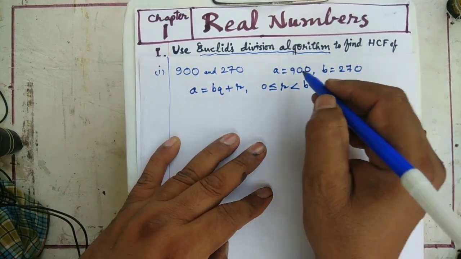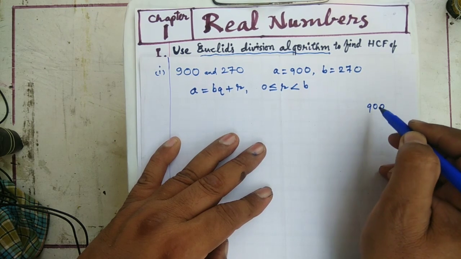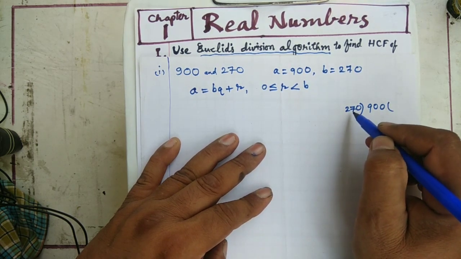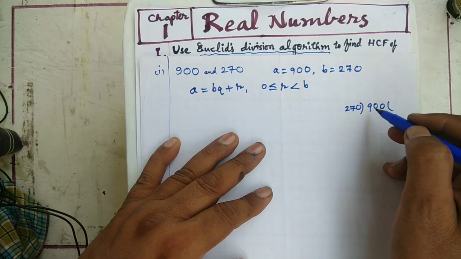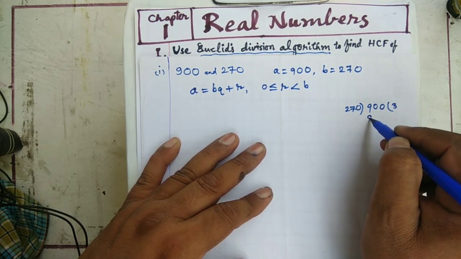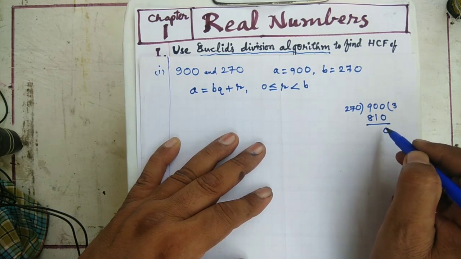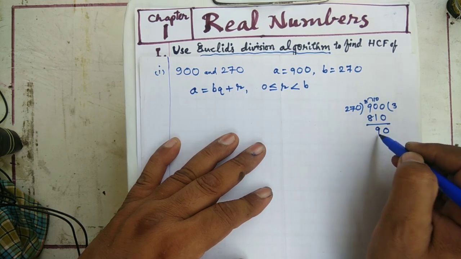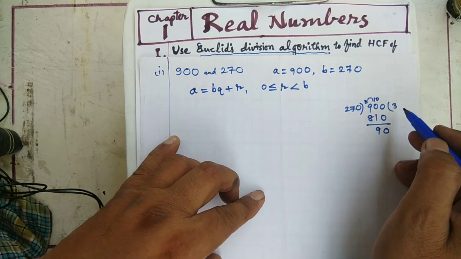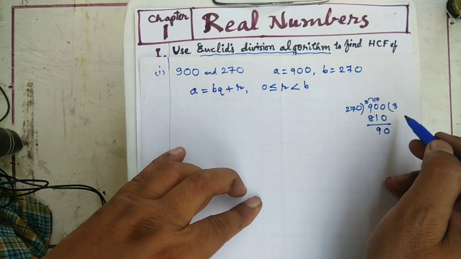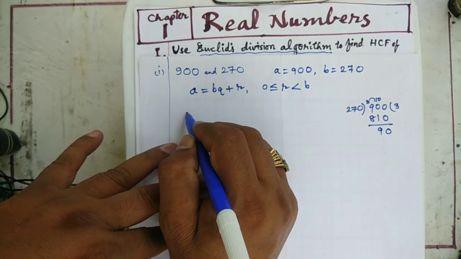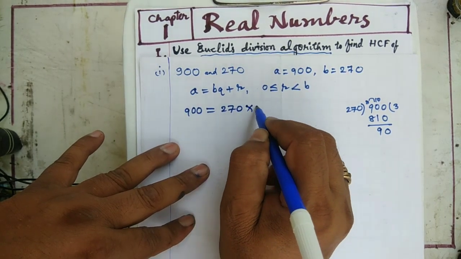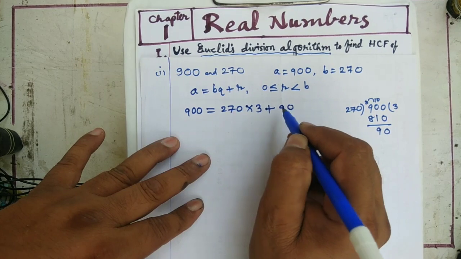Now we have to divide 900 by 270. 270 times 3 is 810, and the remainder is 90. So this can be written as 900 is equal to 270 into 3 plus 90.